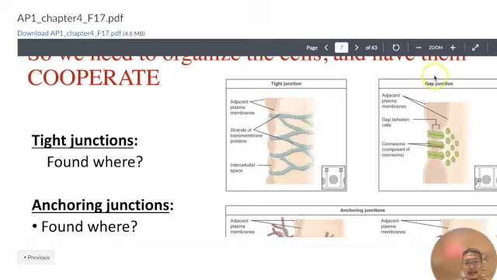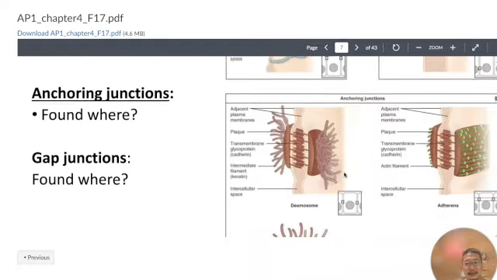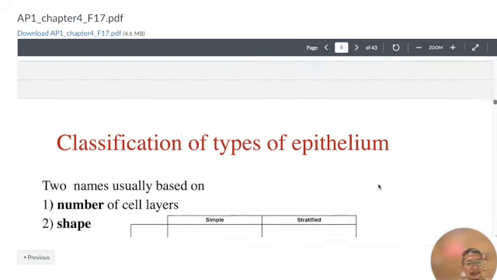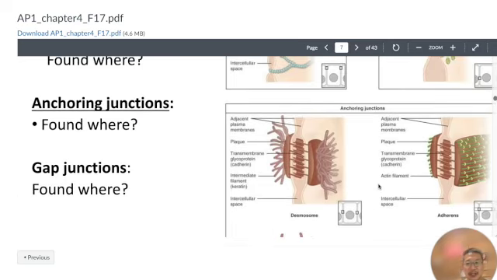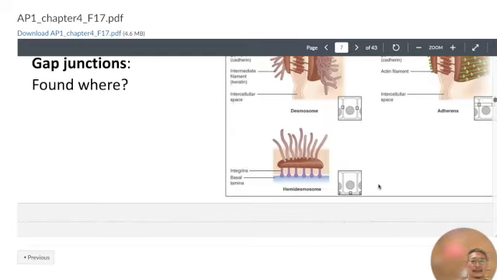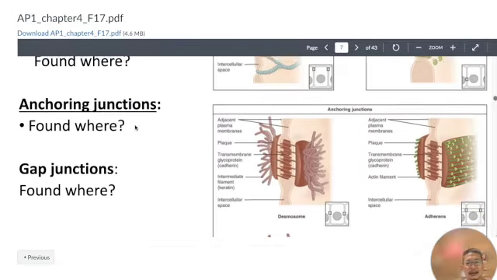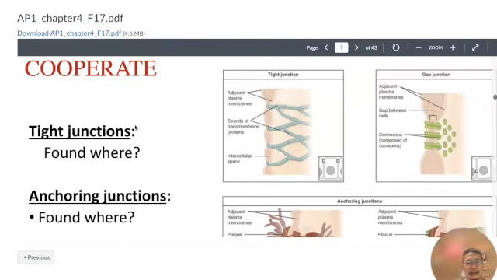Okay, this is called gap junction, tight junction, anchoring. That's how they hold each other together. So again, this one is tight, holding the cells together tight.